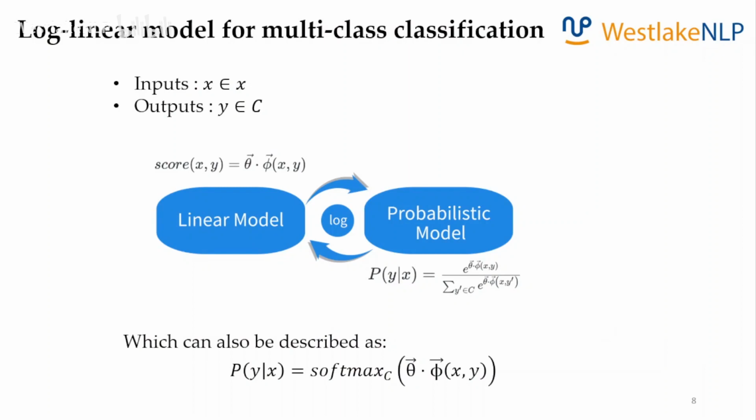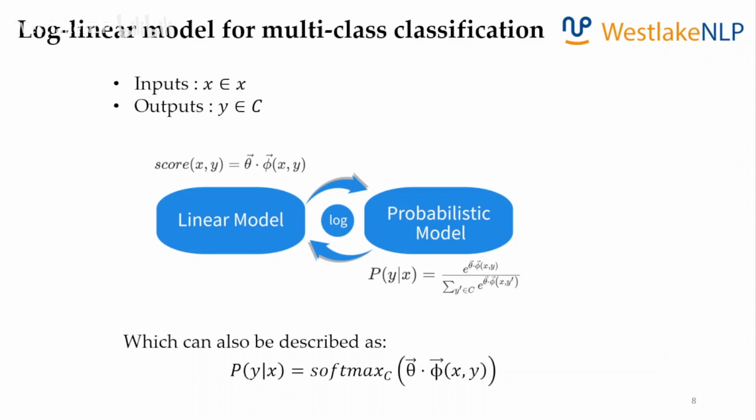When you have a particular class label y belonging to a set of classes capital C, you calculate the probability of this class label by e to the power of theta dot phi(x, y) divided by the sum over y prime belonging to C of e to the power of theta dot phi(x, y prime). So that normalizes the score to a number between 0 and 1.